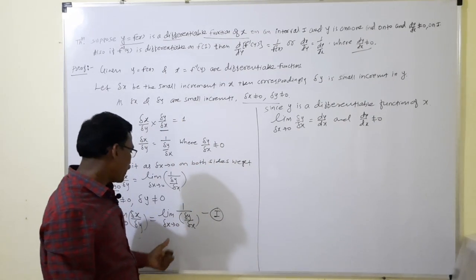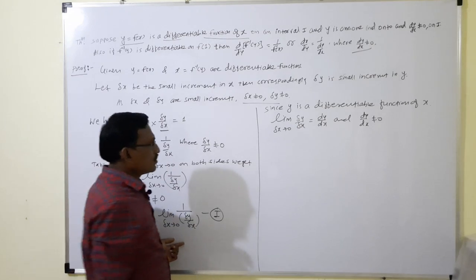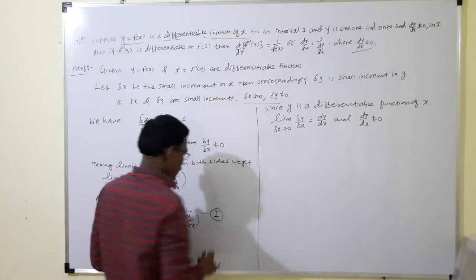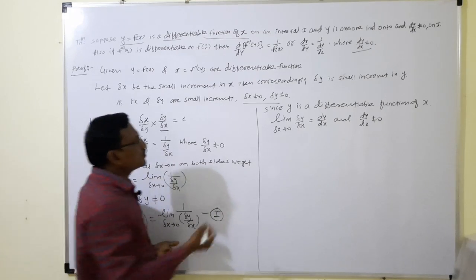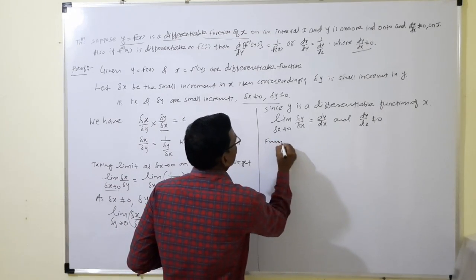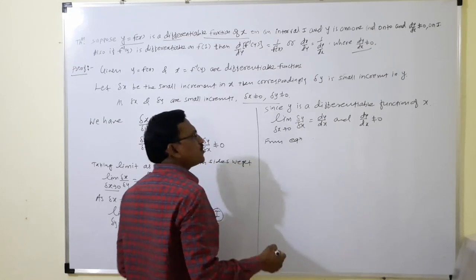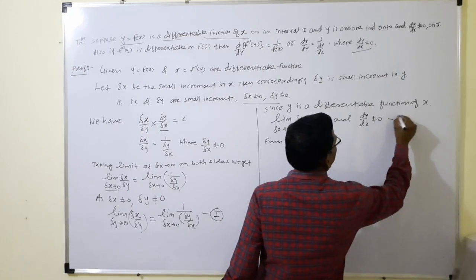So from equation 1, we use this in the right hand side of equation 1. Call this the second equation.